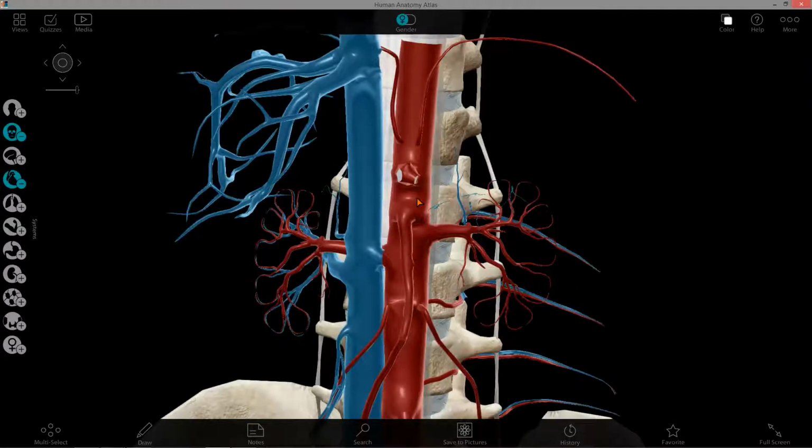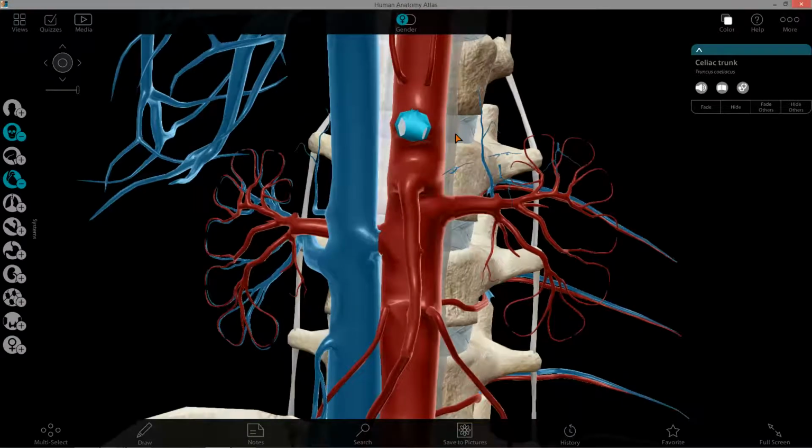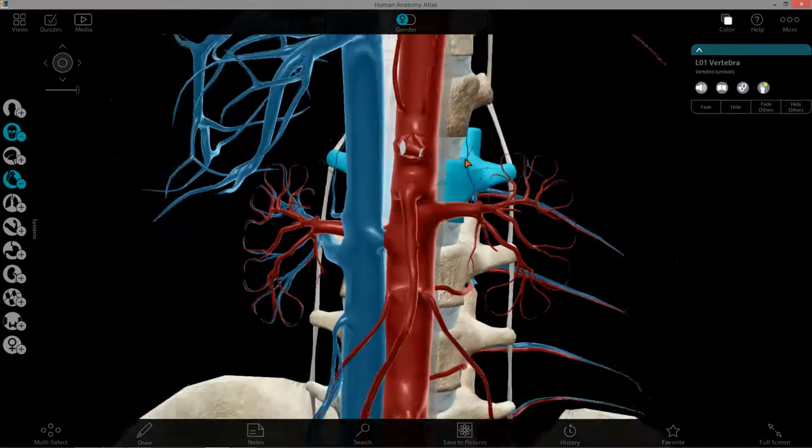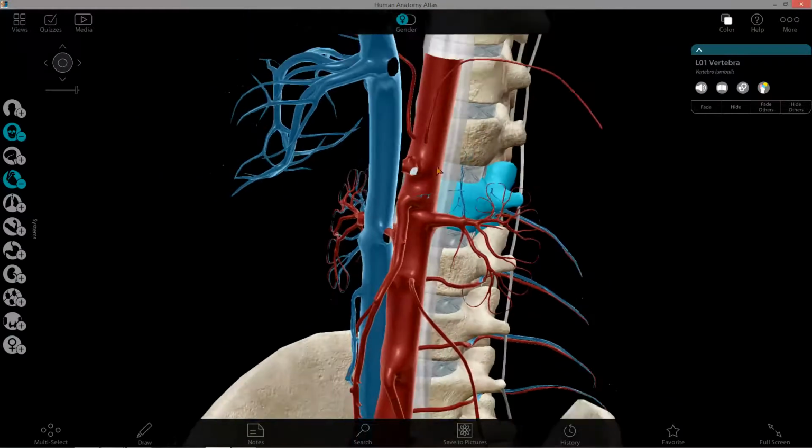Starting with the unpaired visceral branches. There is the celiac trunk, as we've already discussed, existing approximately at the level of T12 and L1. And just to show you that the levels I'm talking about are vertebral levels, not spinal levels.